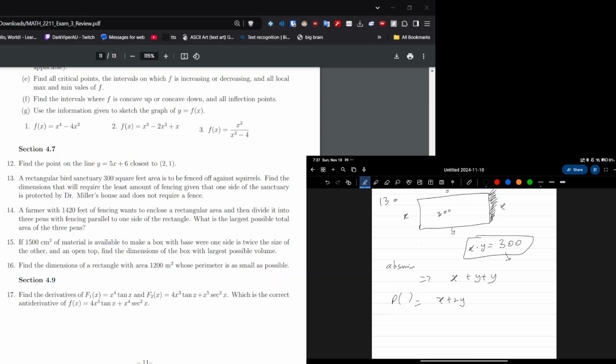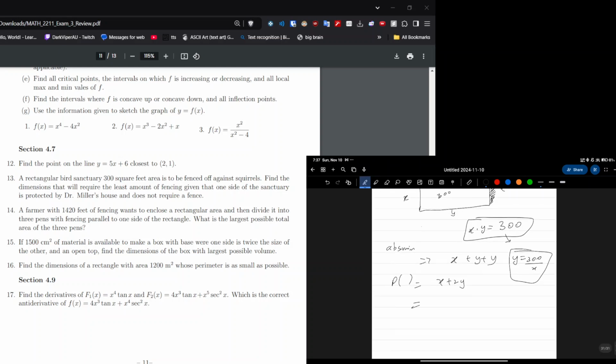We can pick anything. Let's pick y, so y equals 300 over x. Now I can replace it over here: x plus 2 times 300 over x. And now P of x, if I plug in x over here, this would give me the perimeter.